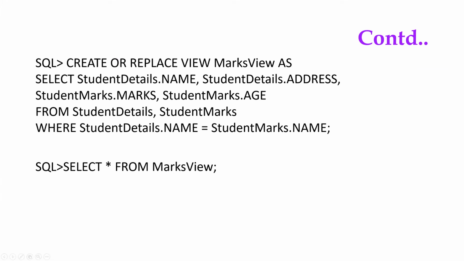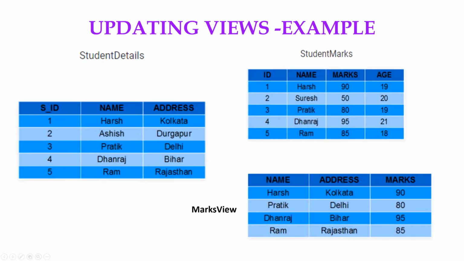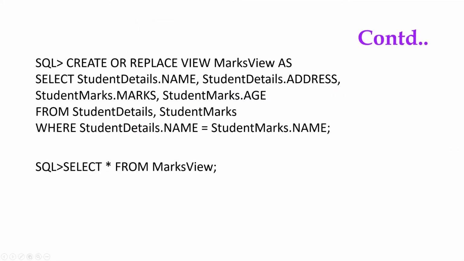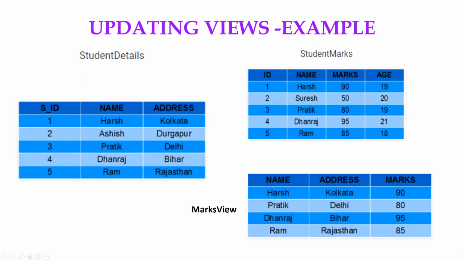From student details, student marks, where student details dot name equal to student marks dot name. Here I am setting the condition that student details dot name should be equal to student marks dot name.